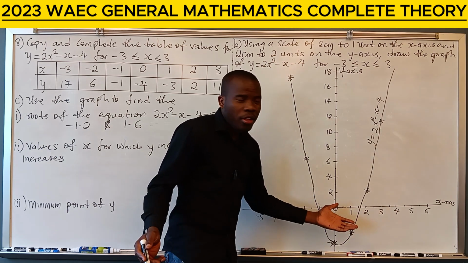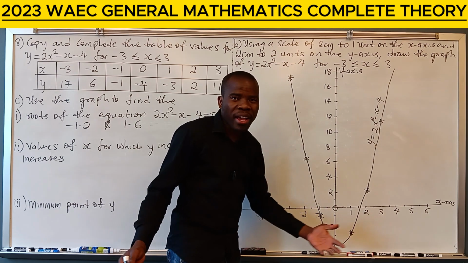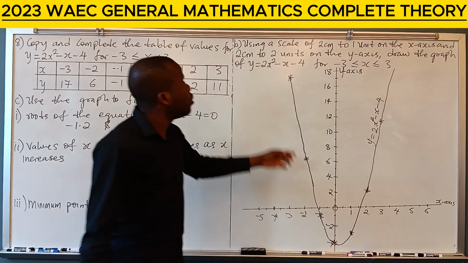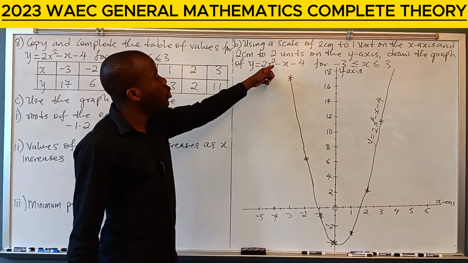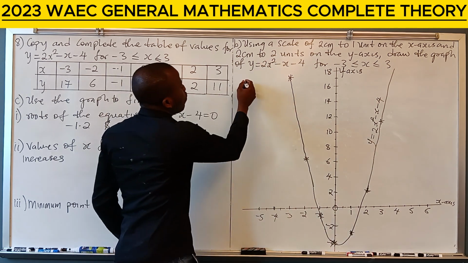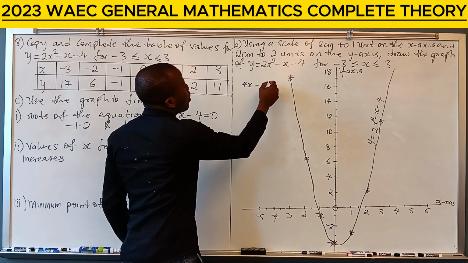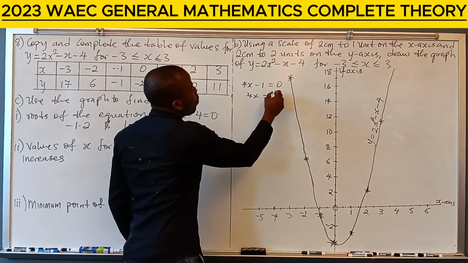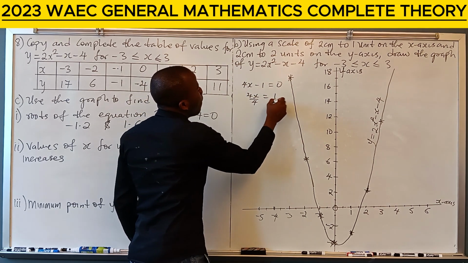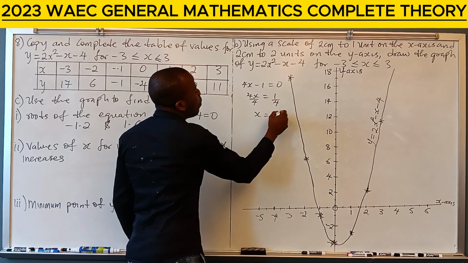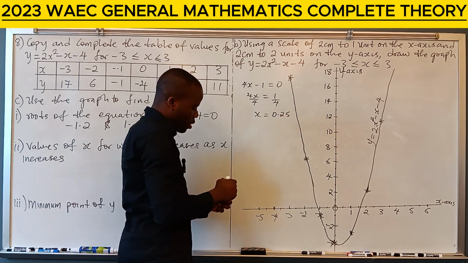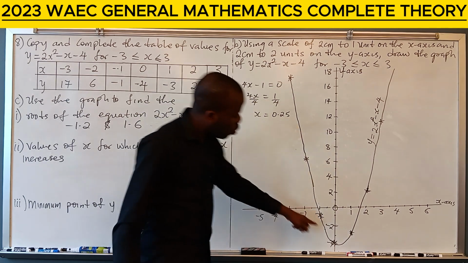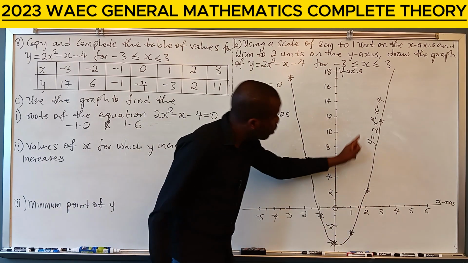Or, the way you find critical points, you can differentiate this to get 4x minus 1 and equate it to 0. Add 1 to both sides, 4x equals 1. Divide both sides by 4. x is 0.25.